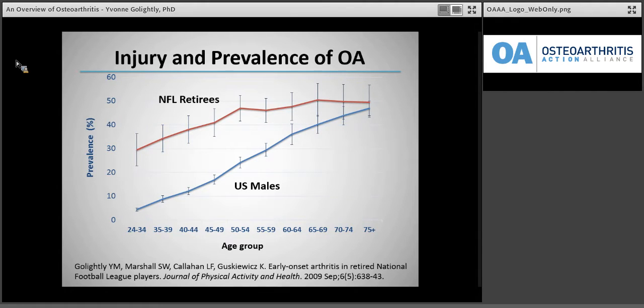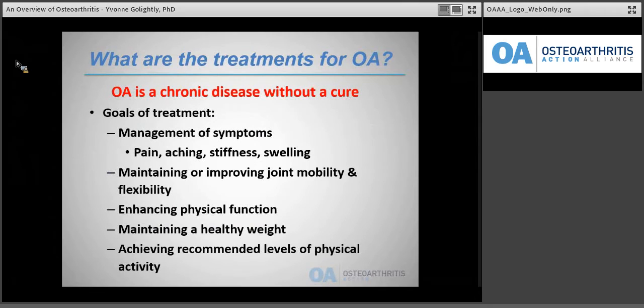And what we found is that among those who were 24 to 34 years of age of the NFL retirees, about 30% had osteoarthritis, and they look about the same as those that we see that are 55 to 59 years old in the general U.S. male population, who also have a prevalence of about 30%. So what we see here is that injury accelerates the progression to osteoarthritis.